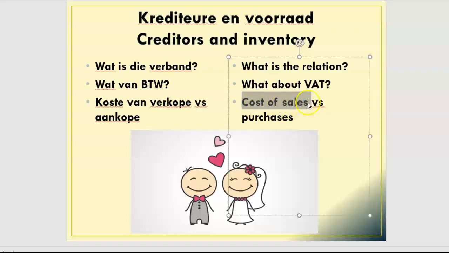So the cost of sales for each and every sales transaction will go to the credit side of the inventory account. If we use a periodic system, what are we going to do? Well, all the purchases are going to the purchases account. Nothing happens when there's a sales transaction, and at the year end, we have to adjust our closing inventory to the physical inventory on hand, and that will go against the cost of sales account.